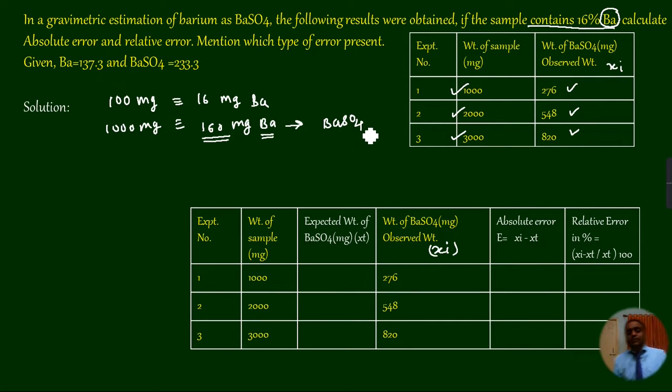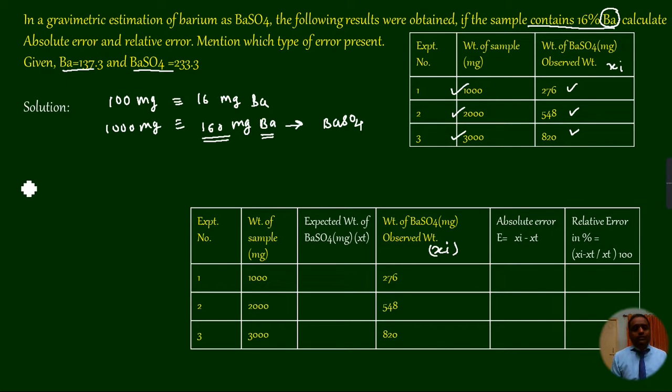How do we convert this value? So we need to find out how much barium sulfate corresponds to 160 milligrams of barium. So we have 160 milligrams of barium, and also we have these different values.